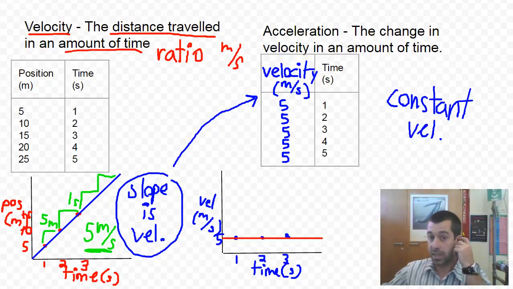This is what constant velocity looks like when we're tracking velocity and time. If you go back to your notebook and look at page 26, this is what we did in class. Your motion detector created graphs of position and time and velocity and time and matched them together. Okay?